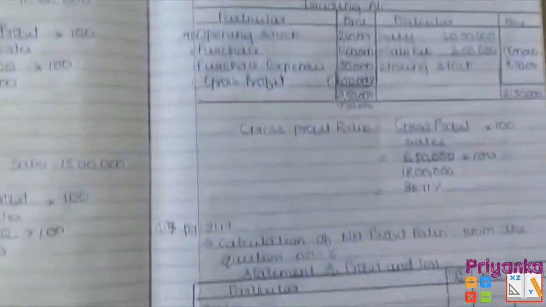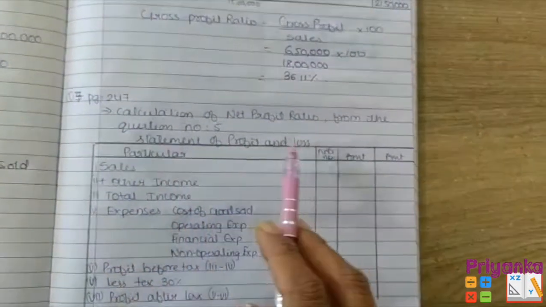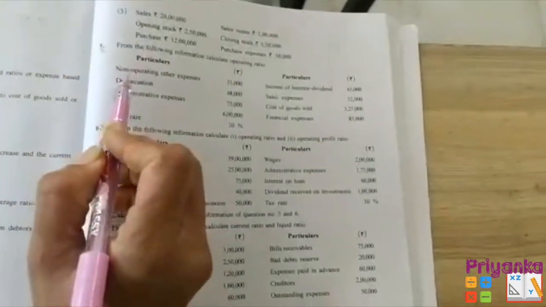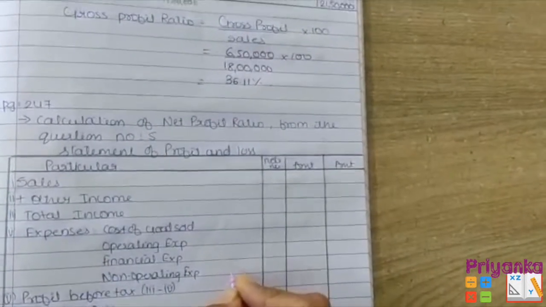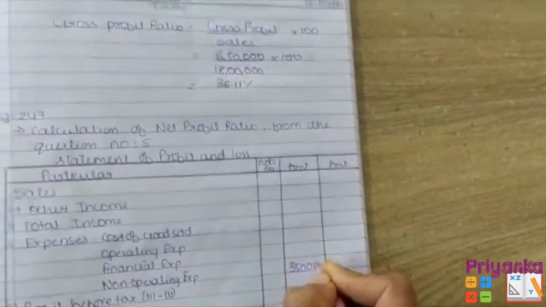So here is the statement of profit and loss I'm ready with, where we are going to find out the net profit ratio from question number 5. So let's pick up all the information. Non-operating other expenses, which I will include in the non-operating other expense, 35,000.